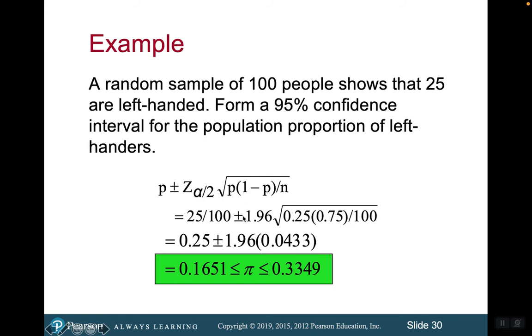For a 95% confidence interval the z value is 1.96, so it's plus or minus 1.96 times the factor we're calculating here.